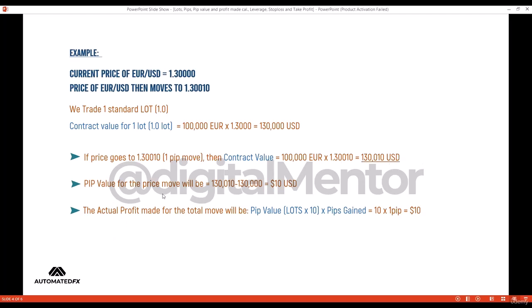Now the pip value for the price move will be $130,010 minus $130,000, which is equal to $10.